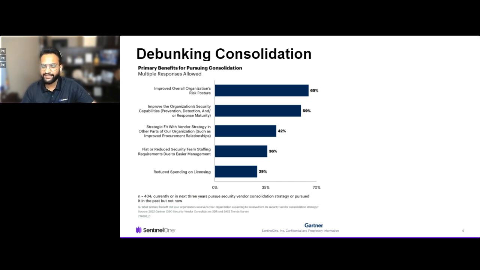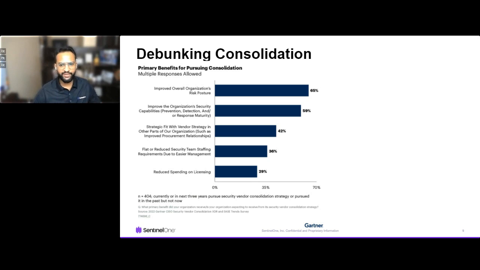Yes, it is surprising that reduced spending on licensing is the least of the pull factors to pursue consolidation, which is very heartening if you ask me, because we are focusing on the right reasons when we are pursuing consolidation, and not on a reason which is a byproduct of the exercise and not the primary product of the consolidation initiative.